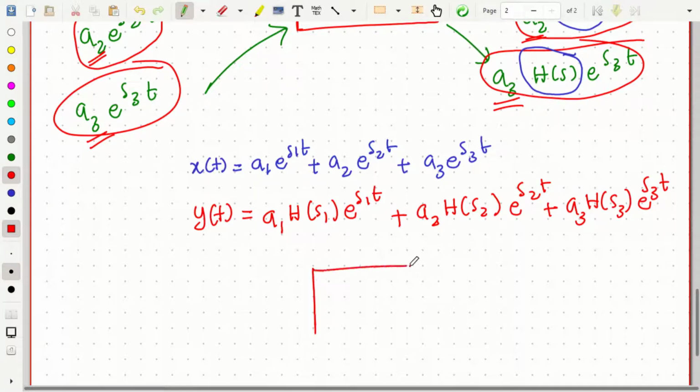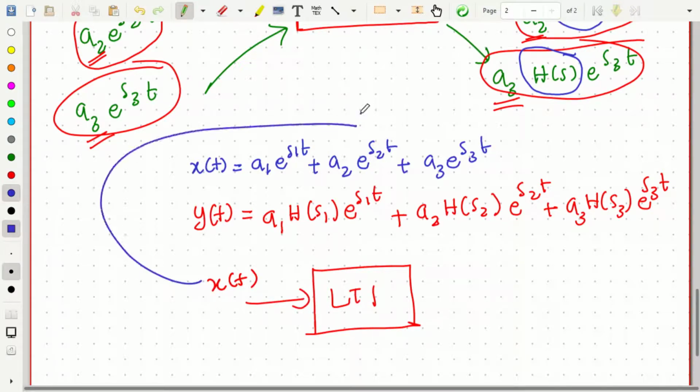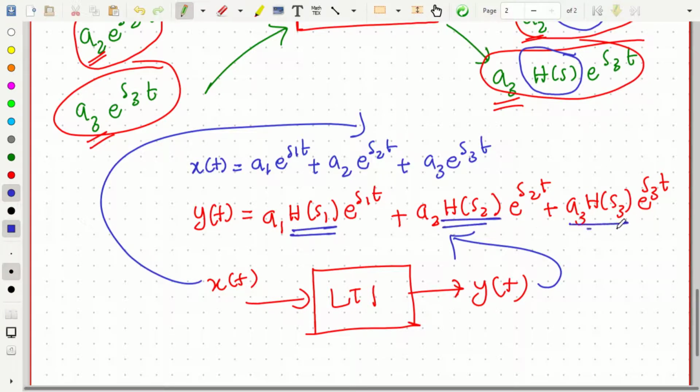So if you have an LTI system like this, and if you are giving an x of t, where the x of t is nothing but a linear combination of complex exponentials, then I will get a y of t in the output. That y of t will be the linear combination of e power st itself with some modifier H of s1, H of s2, H of s3, like that, right?